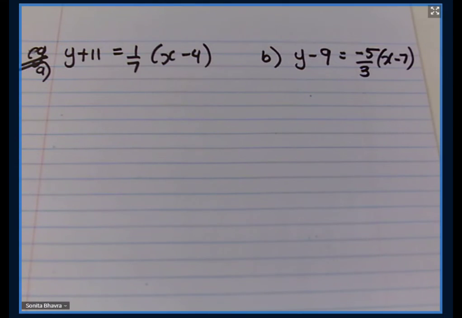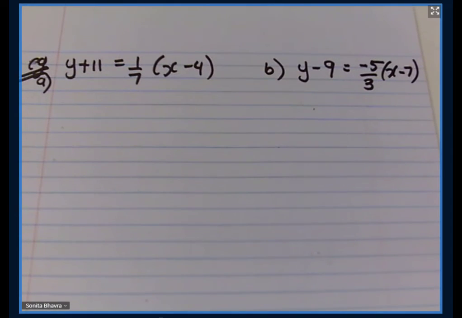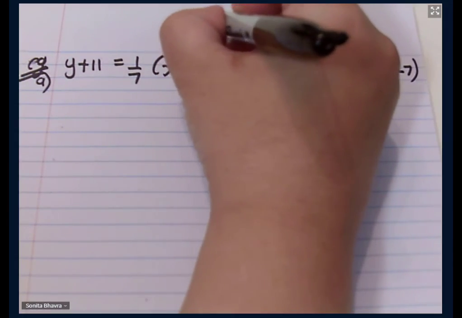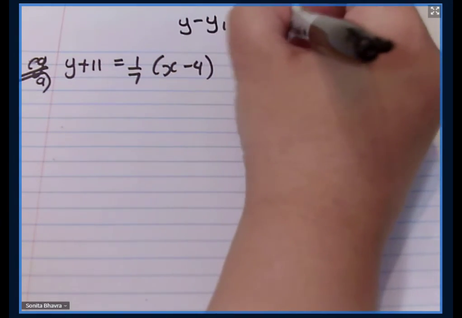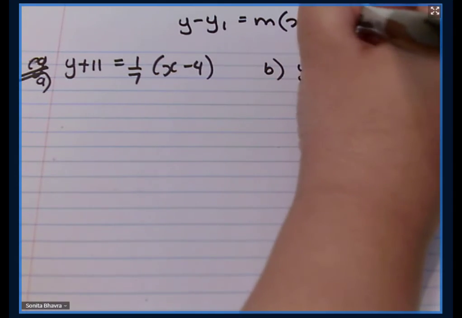In these next examples, we are given the equation of a line in slope point form, and we have to state the slope of the line and the coordinates of a point on the line. So I'm just going to write the equation up top again: y minus y1 equals m, x minus x1.